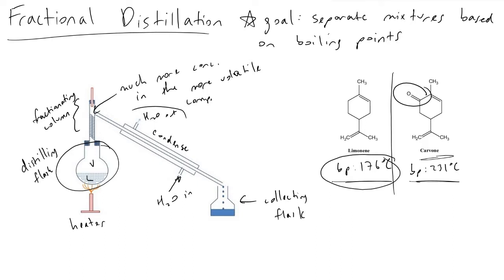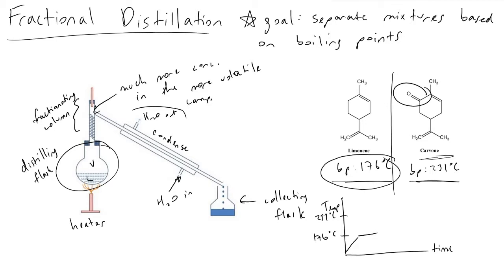your distilling flask. And what you will find if you plotted the temperature over time of your setup, so the x-axis will be time and the y-axis will be temperature, is that when we get to 176 degrees C and 231 degrees C, we're going to realize some plateaus.